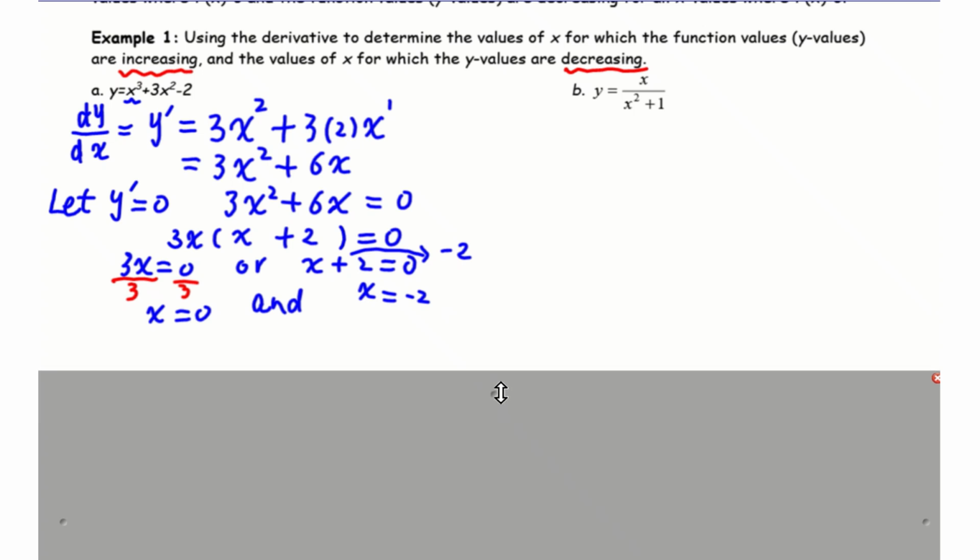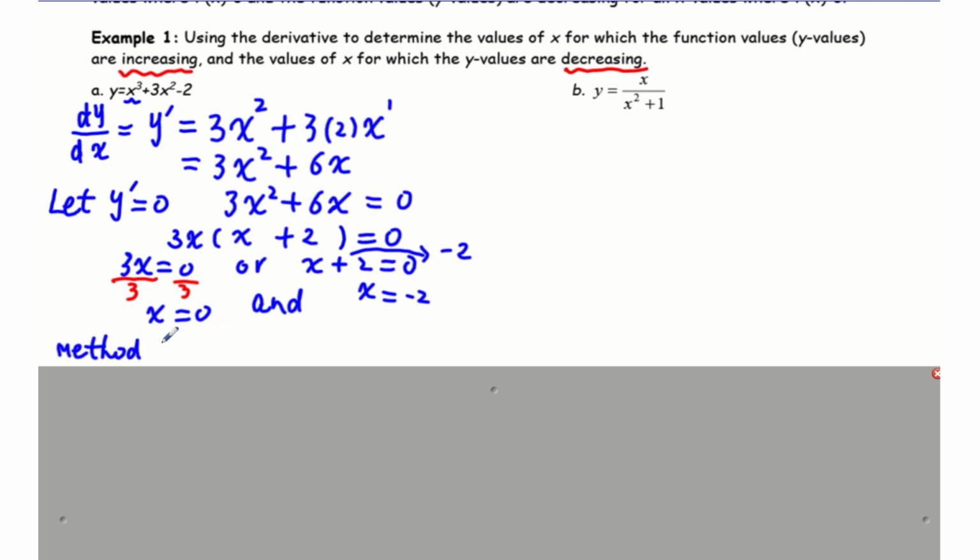Now we are going to draw a chart. Method 1, we want to draw a chart. This is our x-axis.